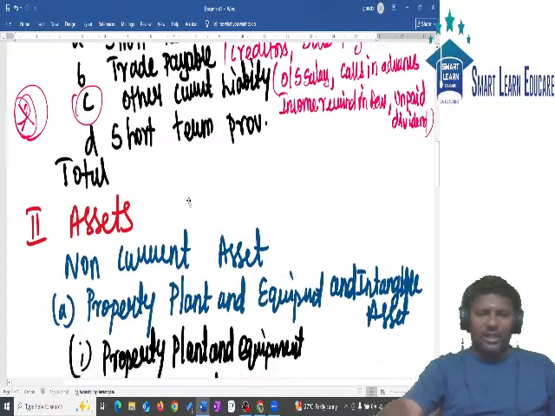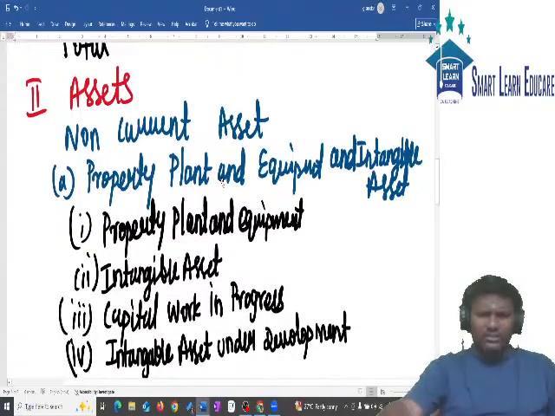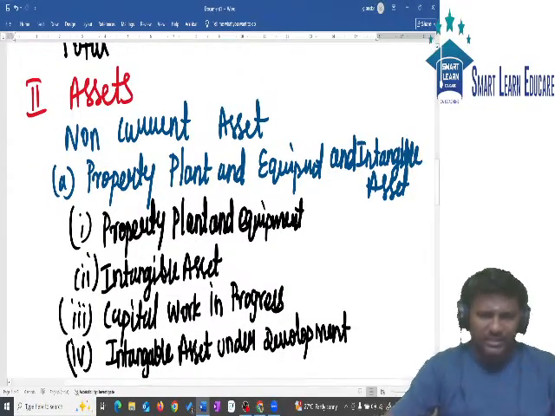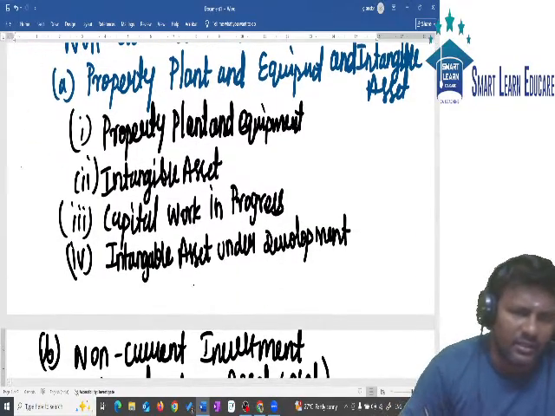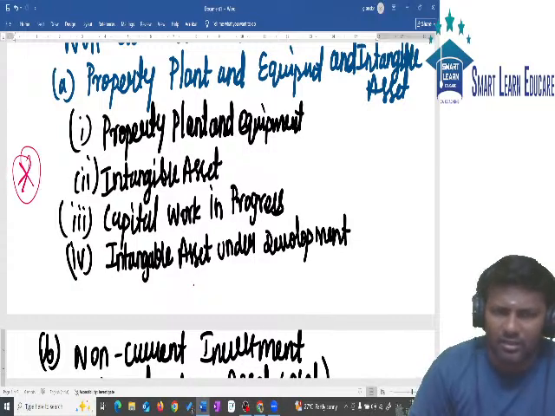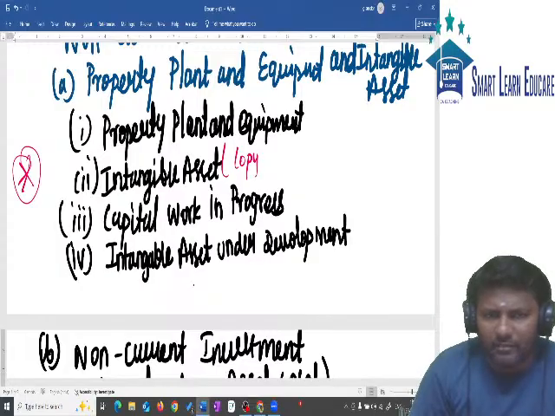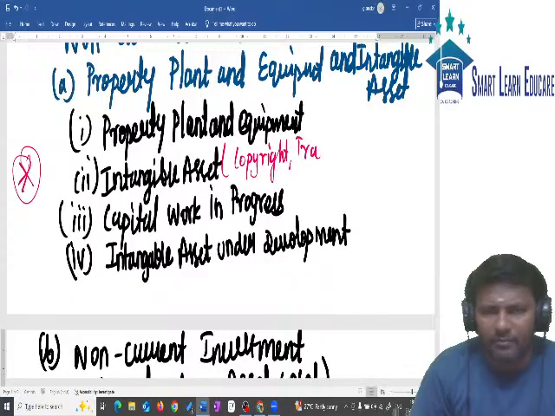Similarly, on the asset side, what is the most important asset? It is intangible asset. What all will come under intangible asset? Copyright will come under intangible asset. Trademark will come under intangible asset.